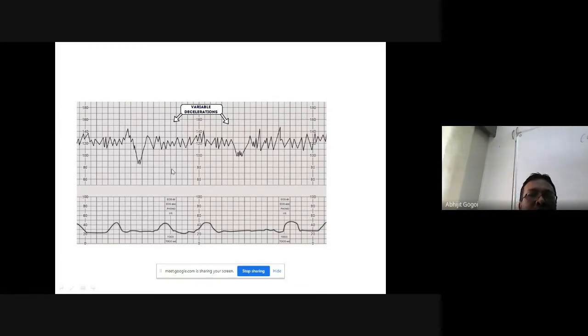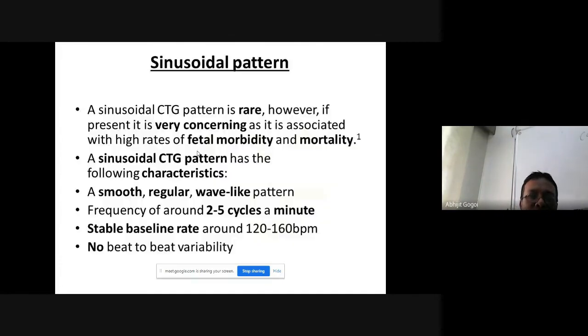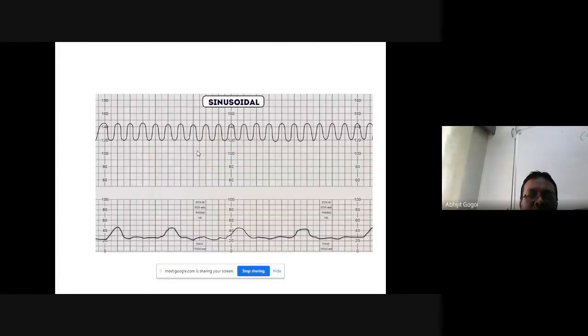It's all because of the autonomic nervous system, ANS. The whole fetal heart is monitored and controlled by the parasympathetic autonomic nervous system. Another thing to note is sinusoidal pattern. It's also very bad news.